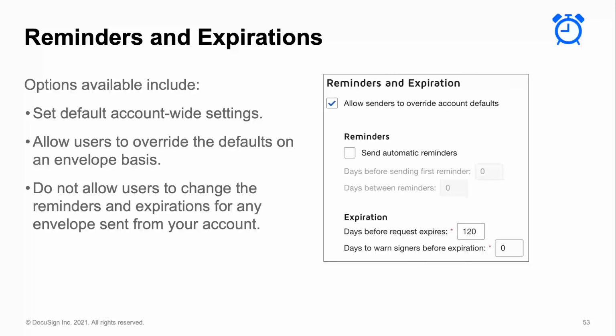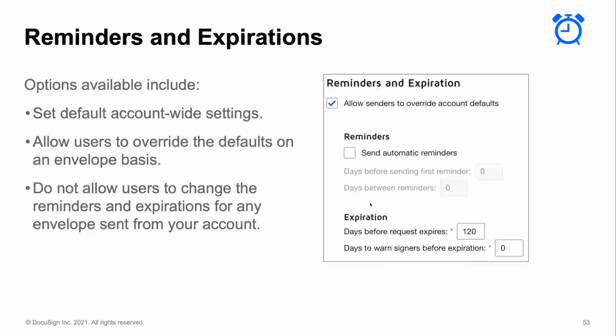But again, you can set that to be anywhere from 1 to 999 days. You can see for both reminder and expiration, there's the ability to warn, or for expiration rather, there's the ability to warn someone before the expiration occurs. And then for reminders, after you send the first reminder, you can have them go out on a recurring basis.